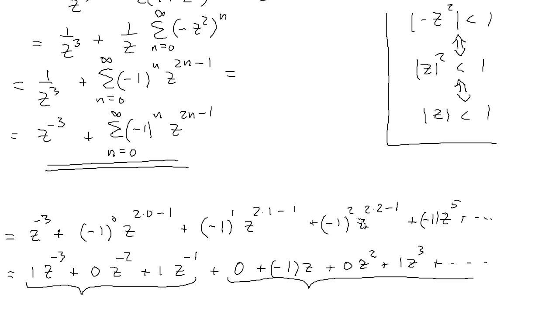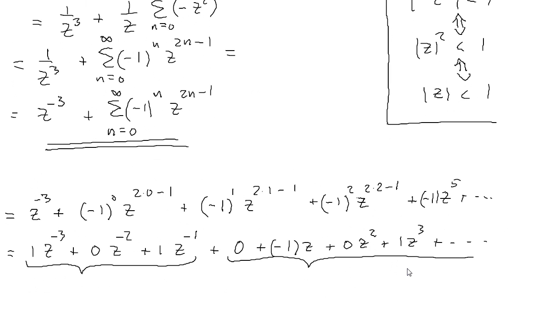But we have here a term z to the power of 3, because here we have 2 times 2 minus 1. So this is this term. So now we are able to identify all the coefficients in the Laurent series, all these an coefficients and bn coefficients which are here. Here is the so-called principal part.